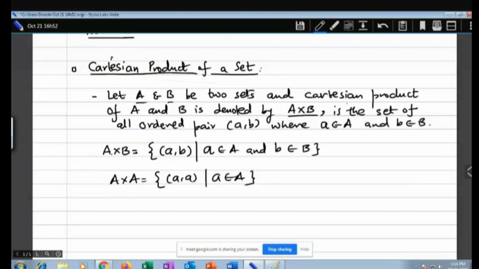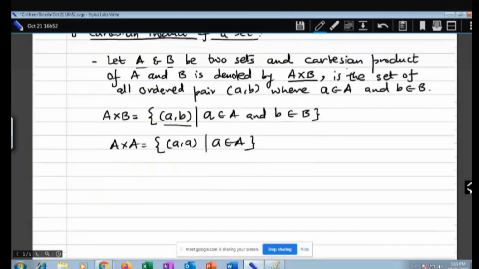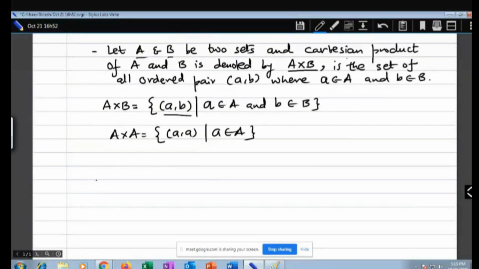Now, to create this set of ordered pairs, there are various techniques, and one technique is the table technique. You can use a table to create the Cartesian product. It is the Cartesian product of the set of rows and set of columns.